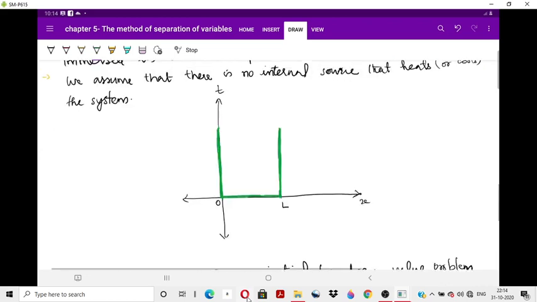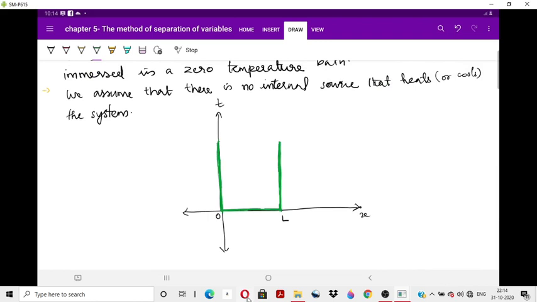We also assume that there is no internal source that heats or cools the system. Now a diagrammatic representation is as shown in the figure. The rod is of length L, and along the heat direction we take the x-axis, and along the time we take the t-axis.